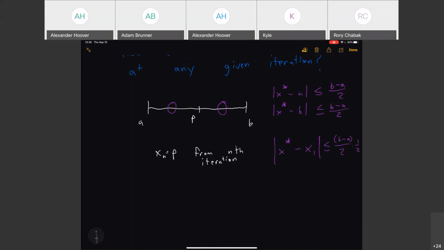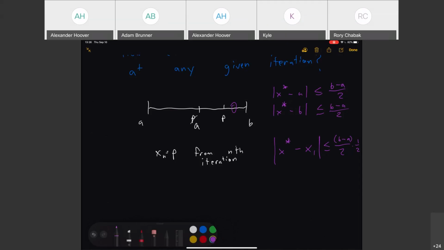Now let's say that our interval of interest is here, so then we take another p in the center. Then let's say our root was right there.